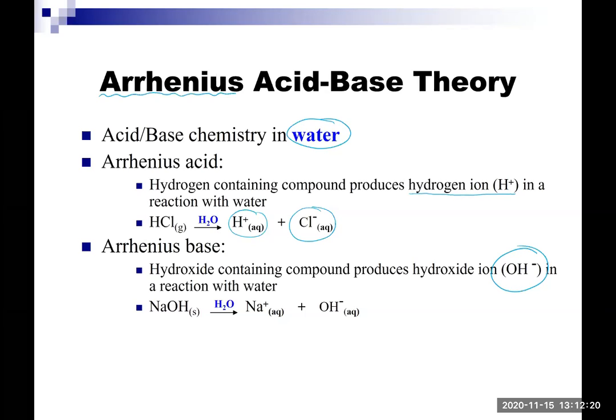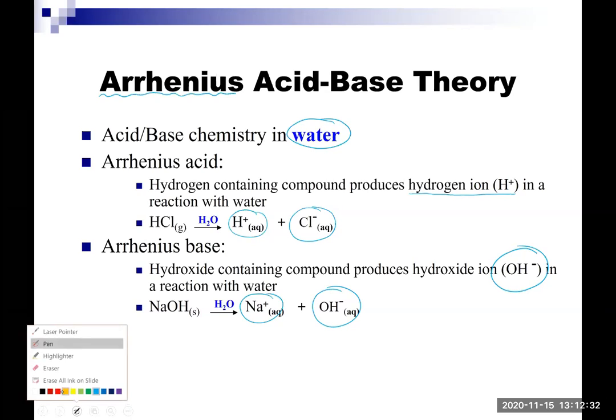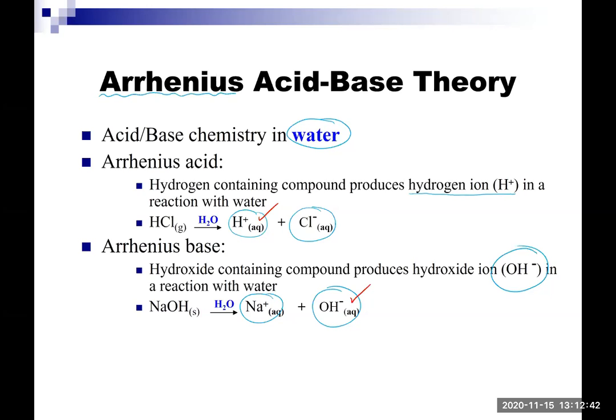So if we had sodium hydroxide, for example, reacting in water, we would release Na+ and OH-. Now, according to Arrhenius, what's important here is that you understand the H+ released in water is what makes a solution acidic, and the OH- released in solution is what makes a solution basic.